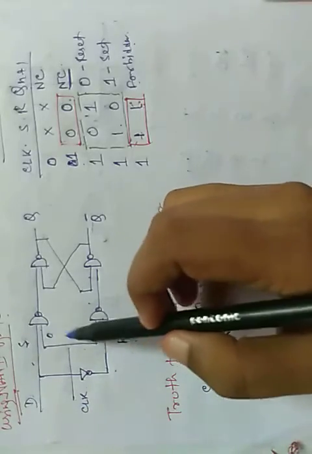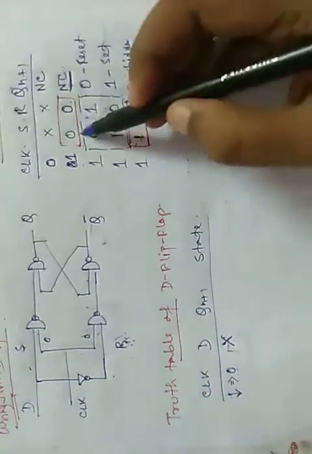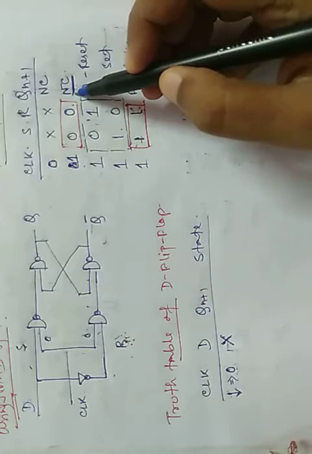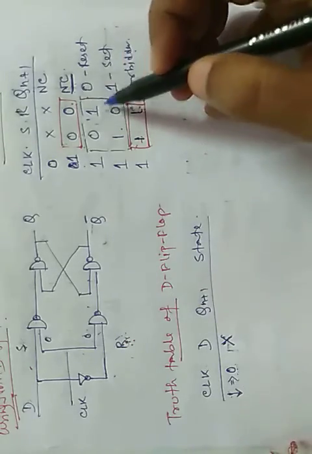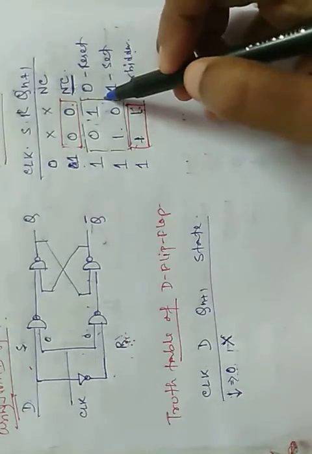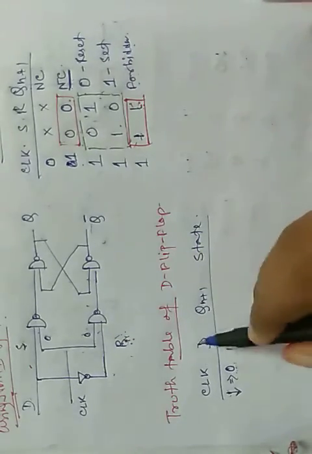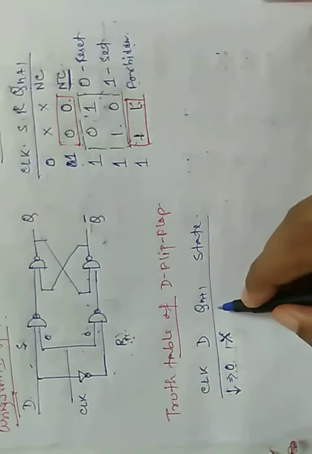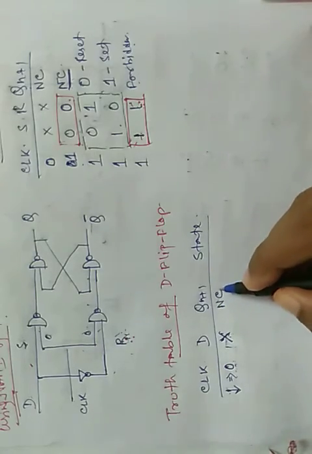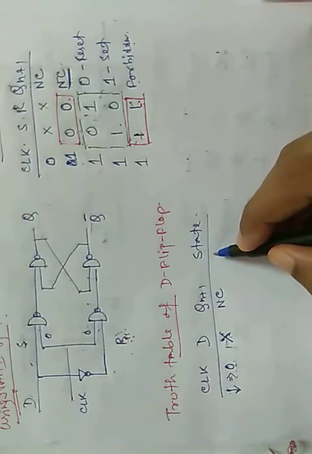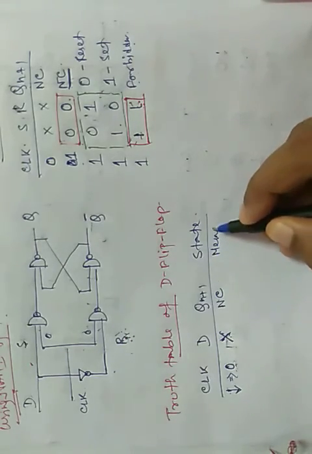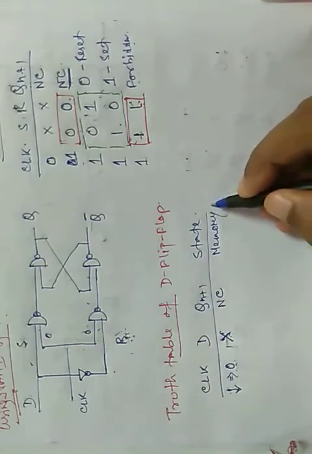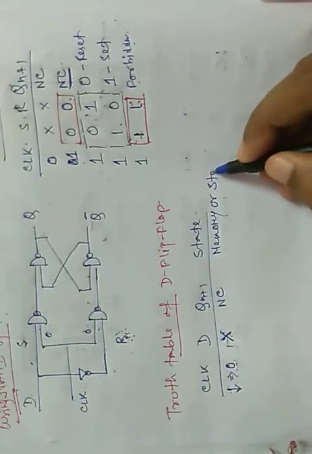When clock is 0, we get the output no change, which we discussed earlier in the truth table of SR flip-flop. So when clock is 0, D is 0, the output is no change. No change means it is memory or storage.